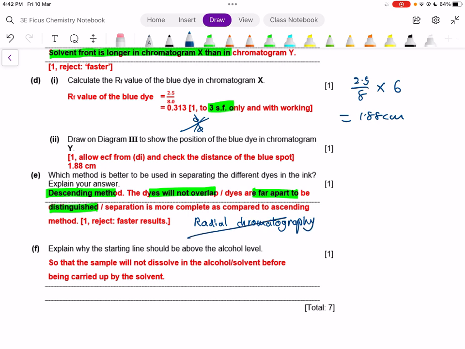Don't know why you gave me radial chromatography. Totally no link. Some say ascending, no. Ascending actually has a shorter solvent front, right? Cannot, because a shorter solvent front means the solvent travels a shorter distance.